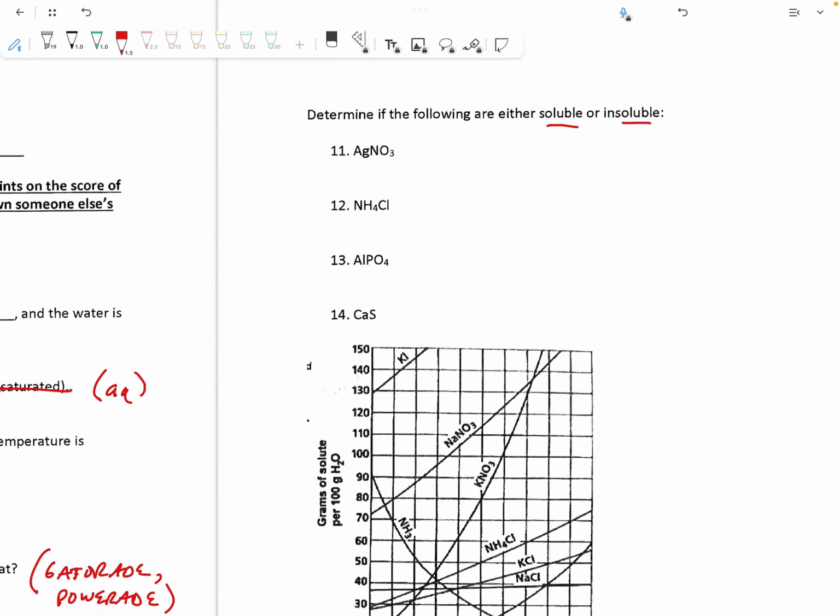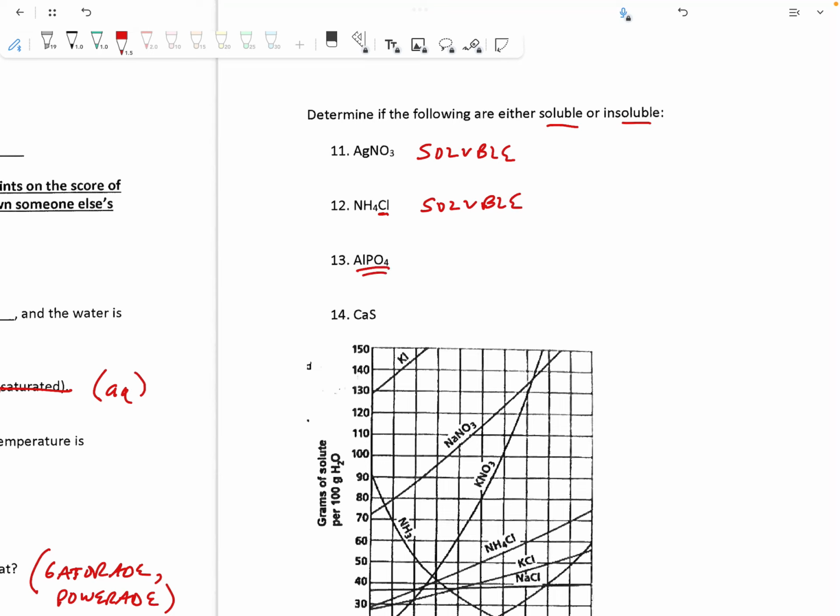All right, looking at your solubility rules. Soluble or insoluble. The first one, AgNO3, there are no exceptions, it's soluble. NH4Cl, we look at this chlorine here, and we see that it's soluble, and there are no exceptions. This one right here, some of you, I gave you the wrong answer today.